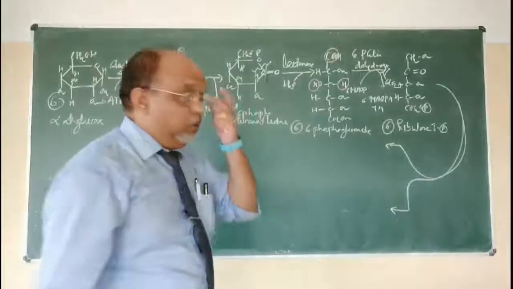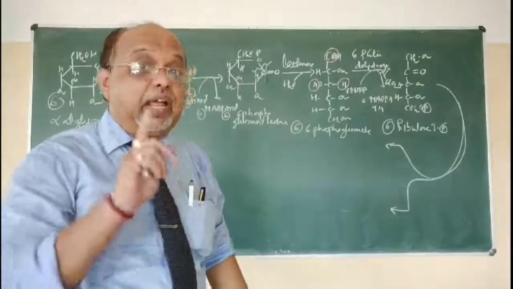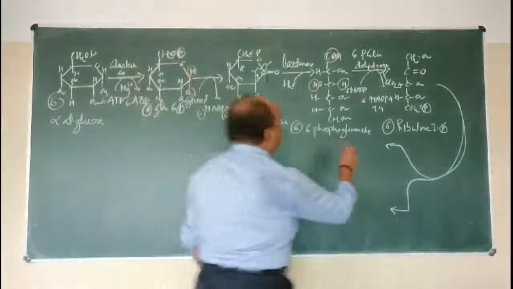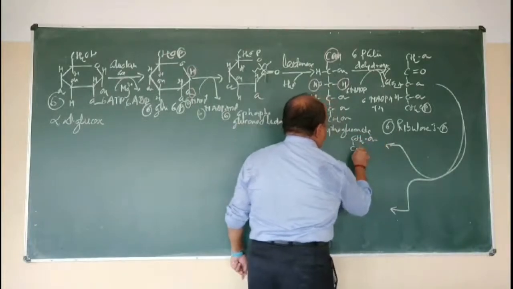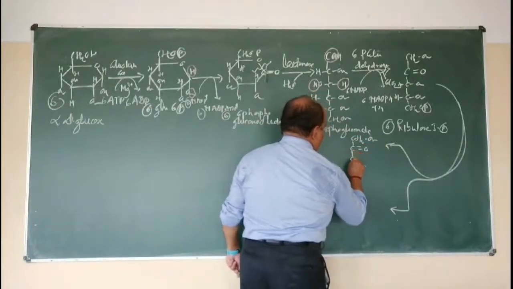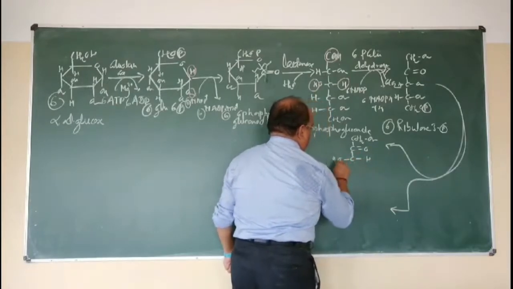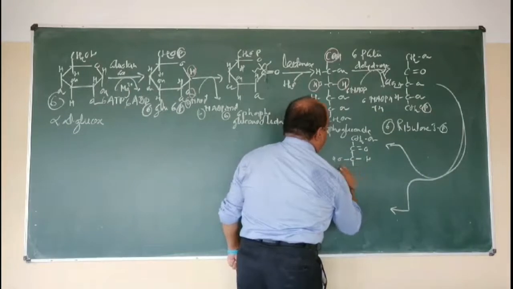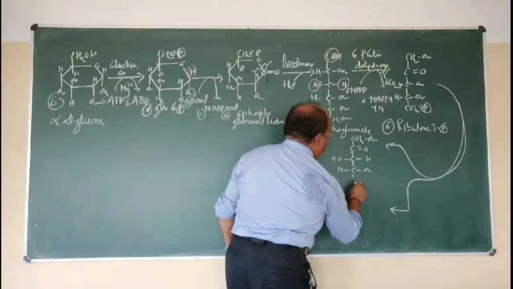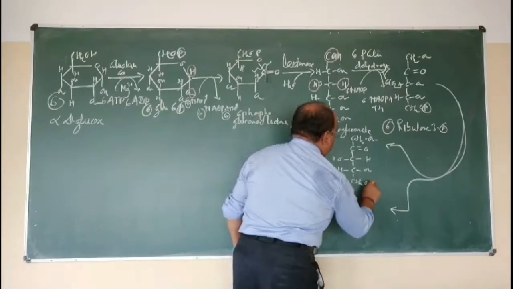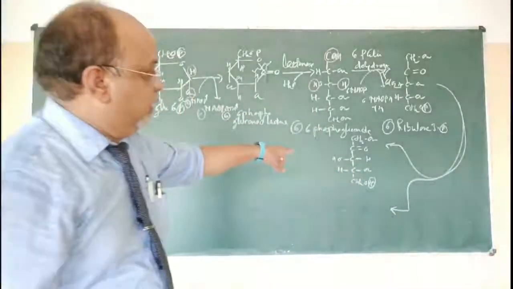But out of 6 molecules of ribulose 5-phosphate, 4 are epimerized. So the structure becomes CH2OH, C double bond O. The epimer shows a change in the position of H and OH on the ribulose 5-phosphate.